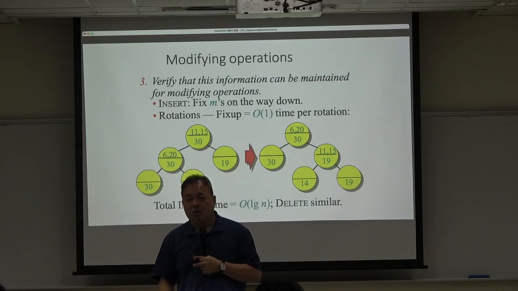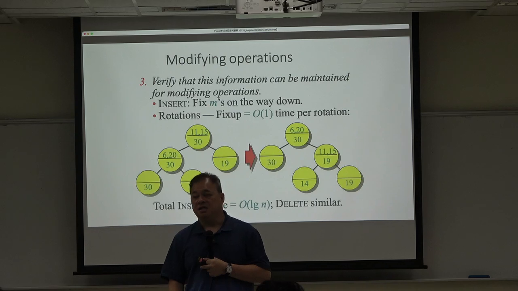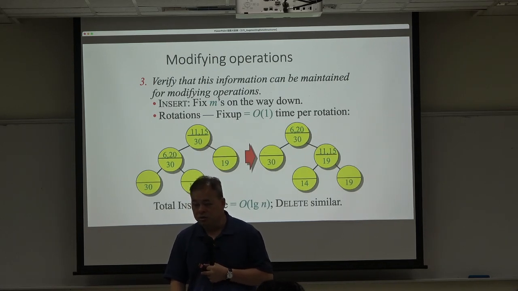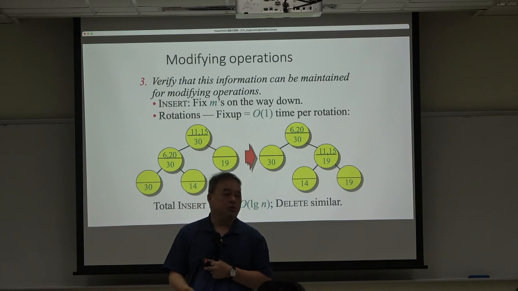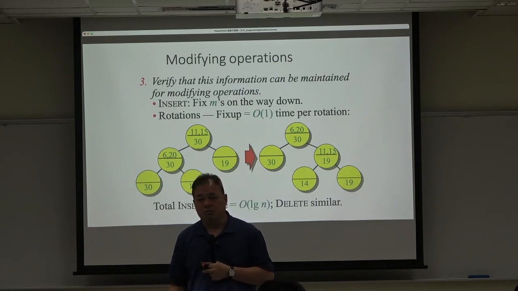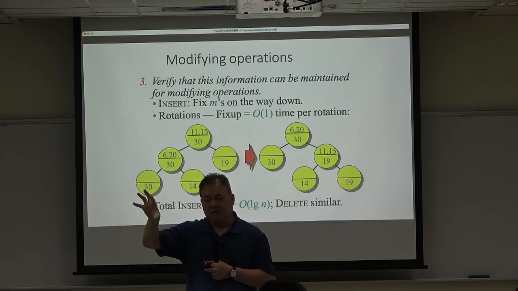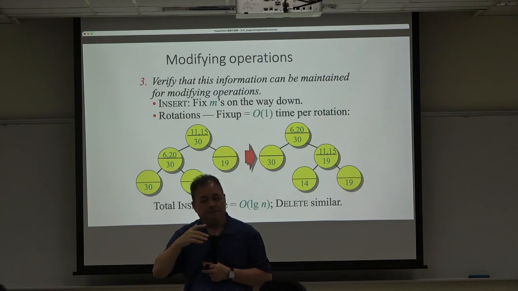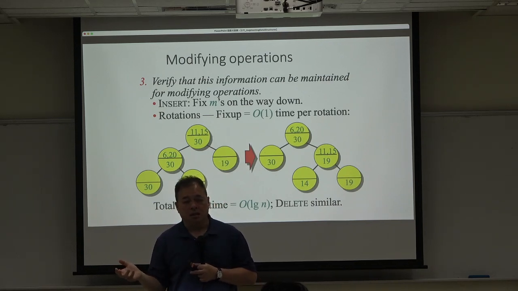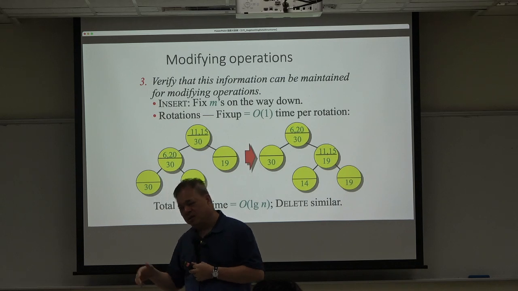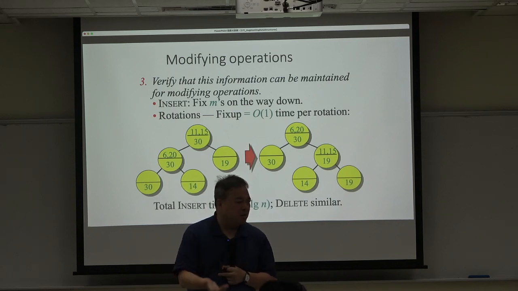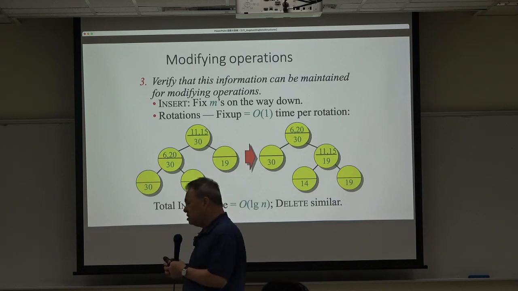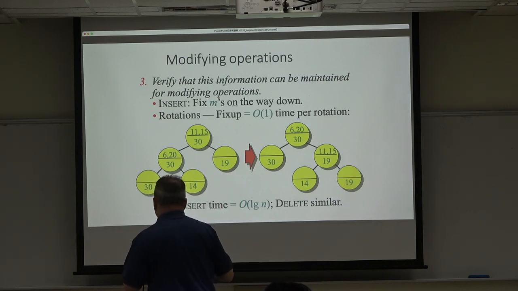Again, all these operations can be finished in constant time. You only need to check the children, copy the value from one node to the other, and after the modification of the structure, compute the new value for one node. Done. That's it. This is for the right rotation; left rotation is similar. So this can be maintained in constant time.